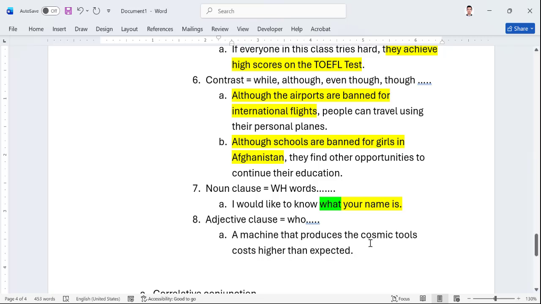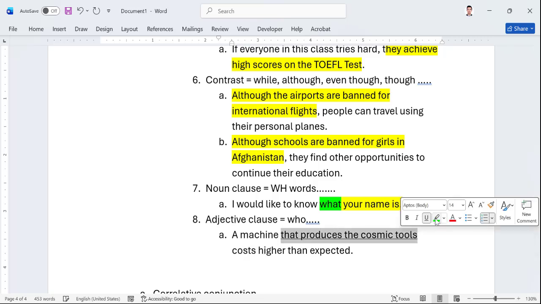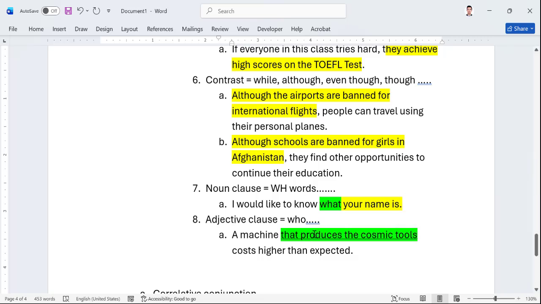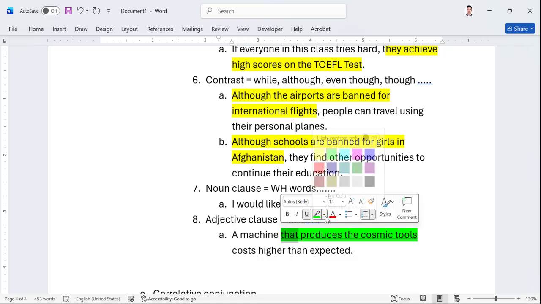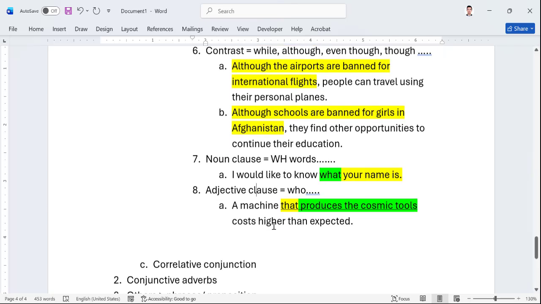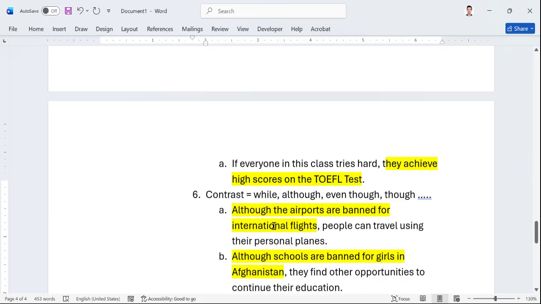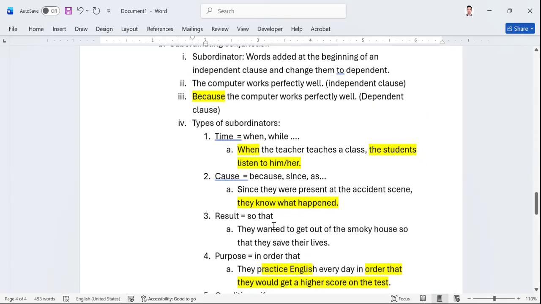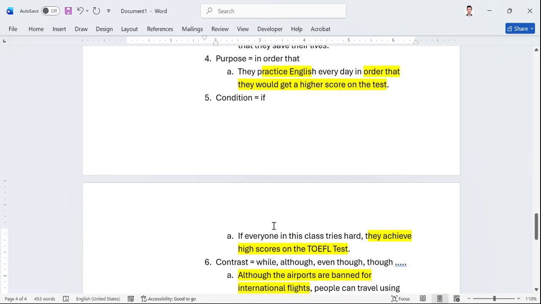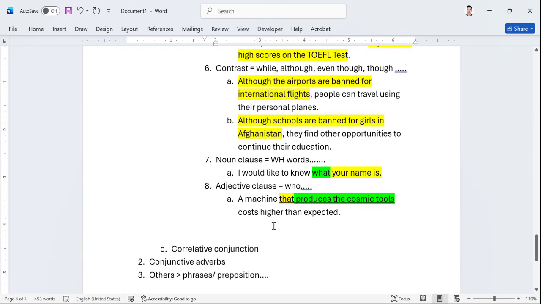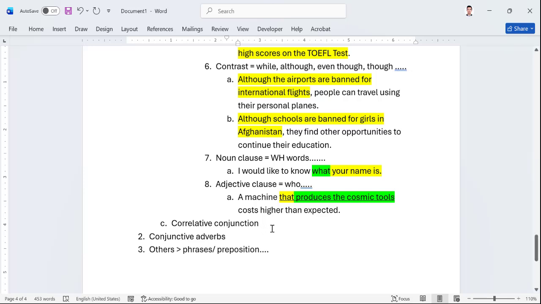So which one is the adjective clause? This one is adjective clause: that produces the cosmic tools. So here we have that as the subordinator of this type of clause. So it is called adjective clause in the sentence. So these are what we have as subordinators with different types of clauses.